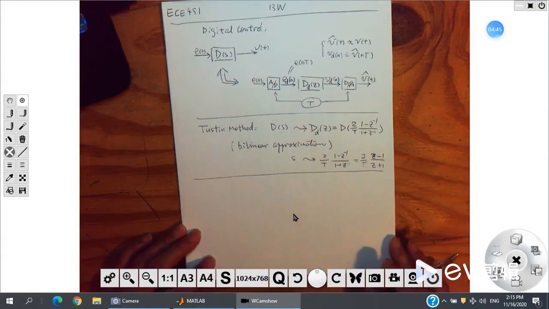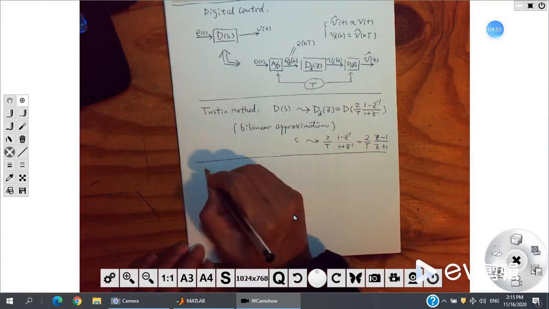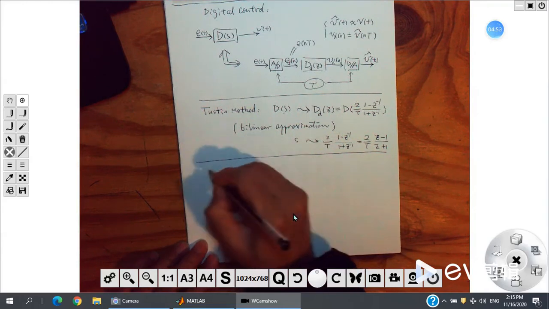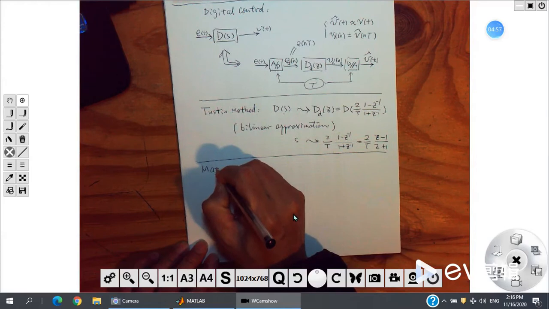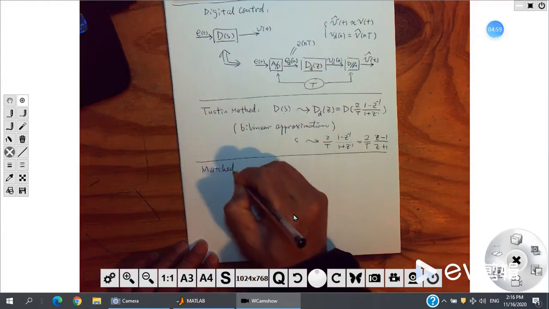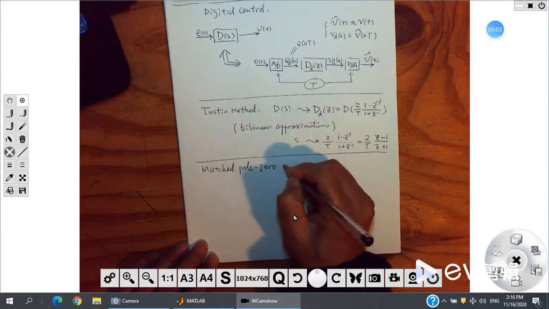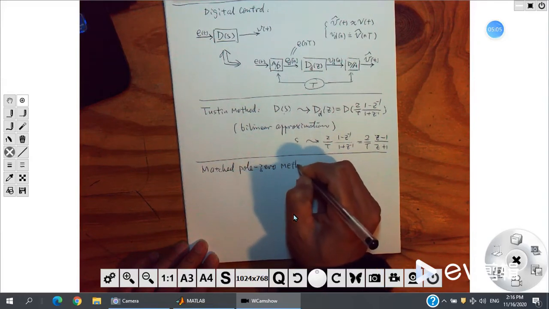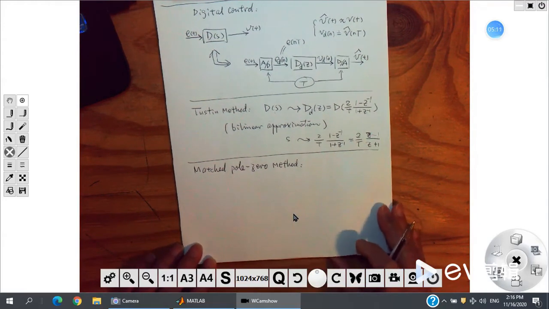Today we consider another method. In this method, we use the zeros and the poles. So we call this the matched pole zero method. It works like this.